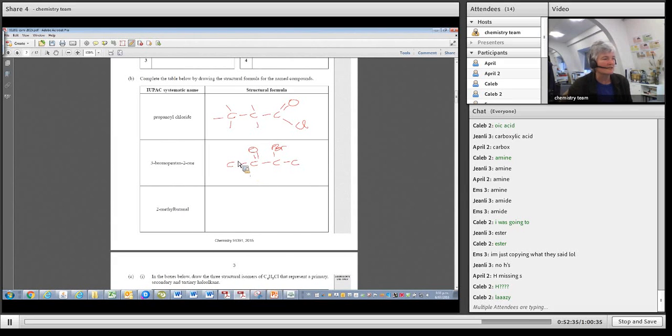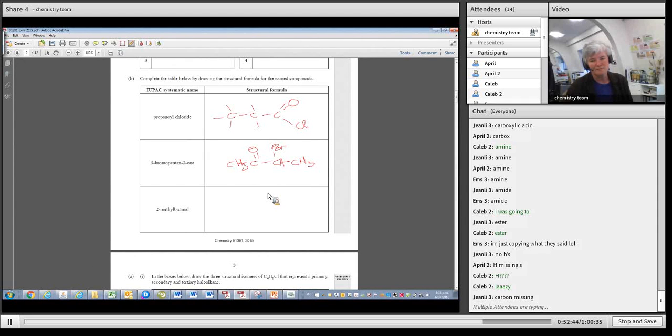I'm lazy, let me put them in. Is that correct? A carbon is missing. Pent means 5, so count your carbon atoms.